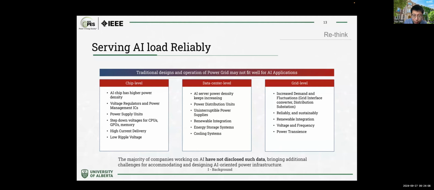The model parameters are kind of known, and the total energy consumption is revealed to the public, while the transient behavior or the AI center dynamics is unknown. Such unknown information brings additional challenges for accommodating and designing more AI-oriented power infrastructures.